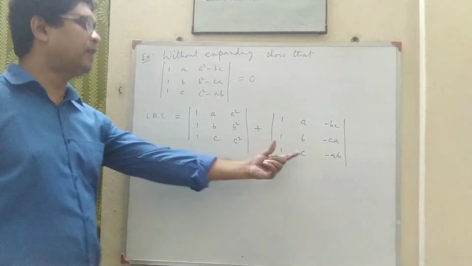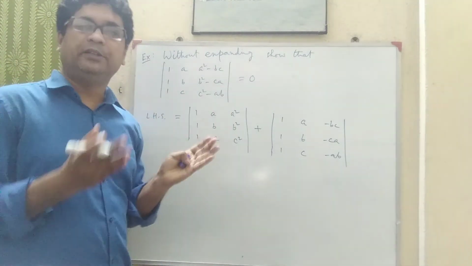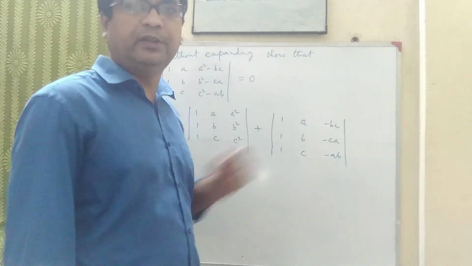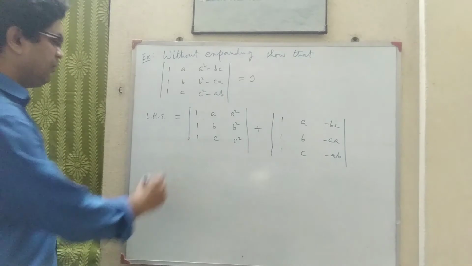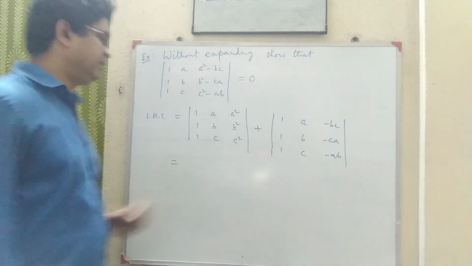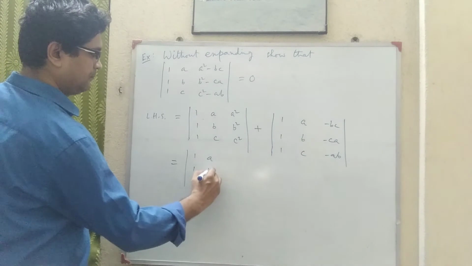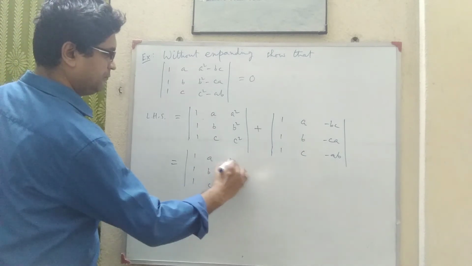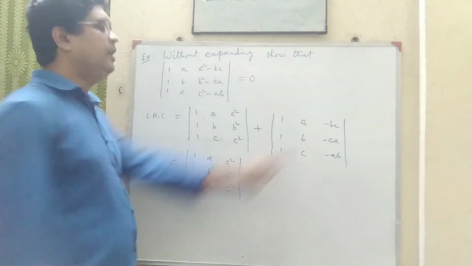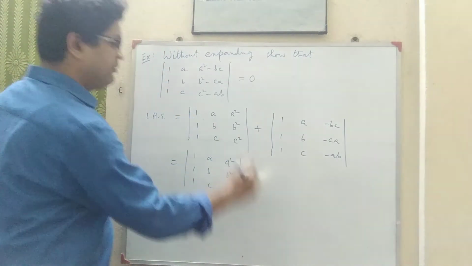There was a property that if each element is the sum of two terms, then the determinant can be written as the sum of two determinants like this. Now this determinant we will keep as it is, the first determinant. And here from the third column we can take -1 common, so this sign will become minus.